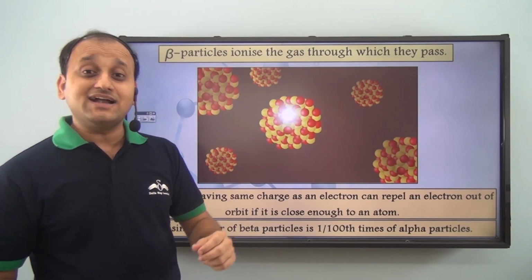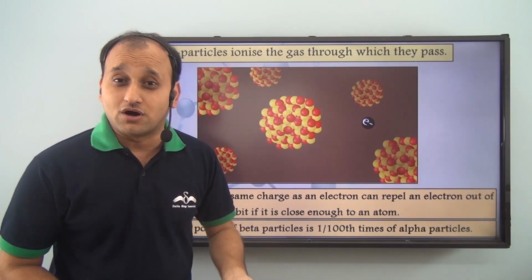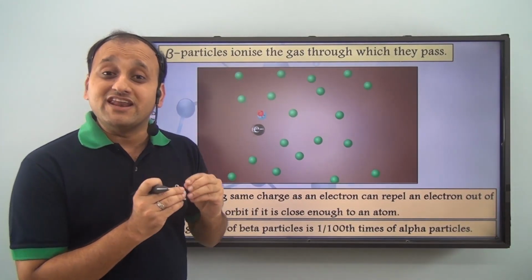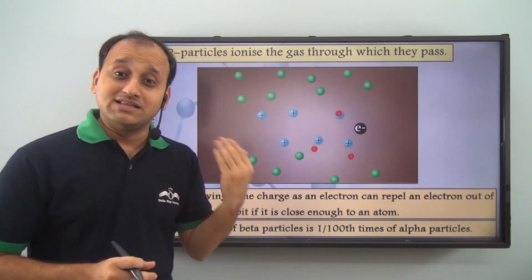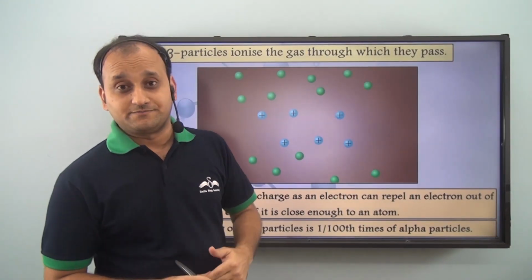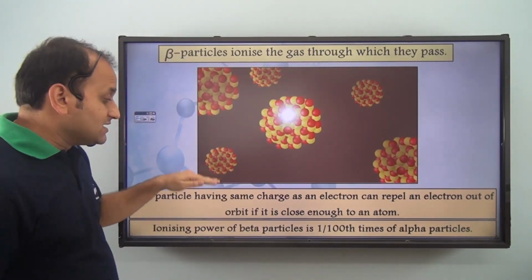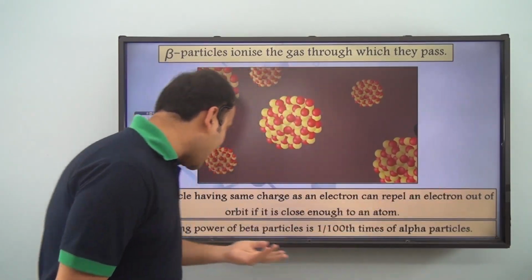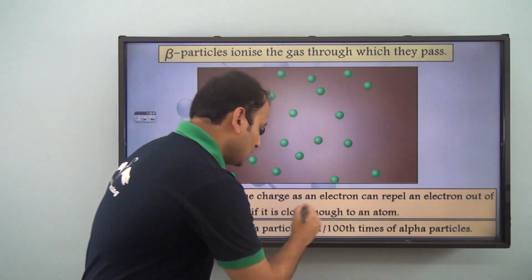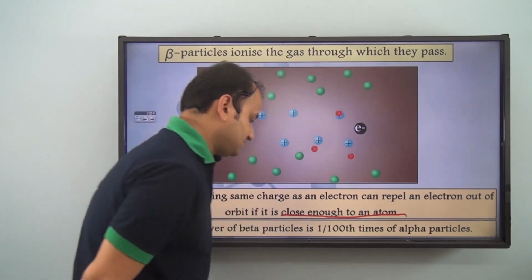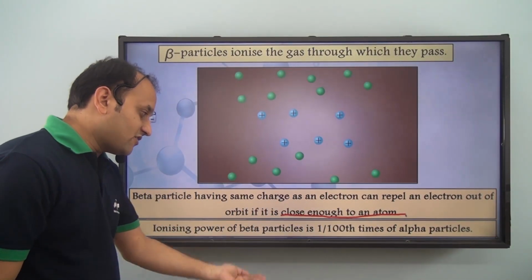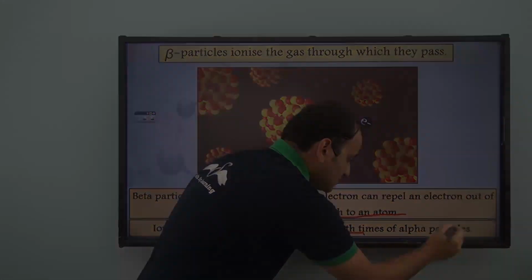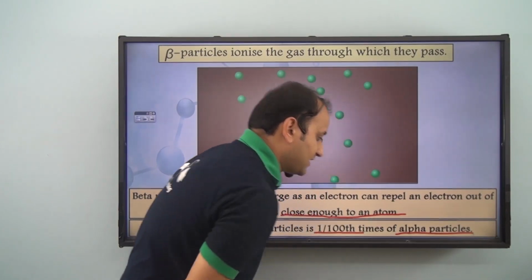The only criterion is that their charge is not very strong, so they can only influence the particles which are very close to them. Other particles will be unaffected. So beta particles, having the same charge as an electron, can repel an electron out of orbit if it is close enough to an atom, and the ionizing power of beta particles is 100th that of alpha particles.